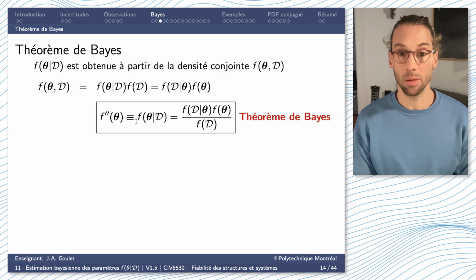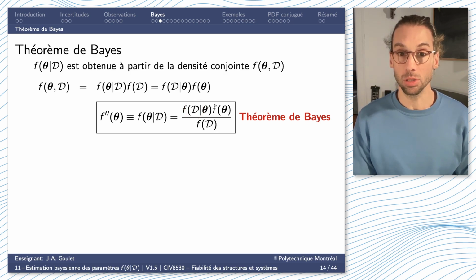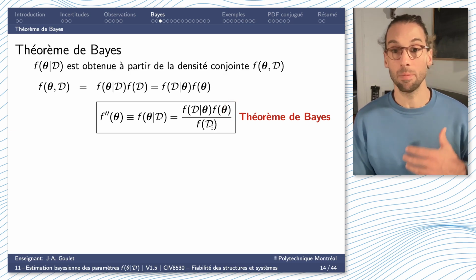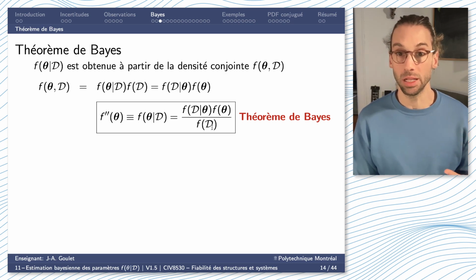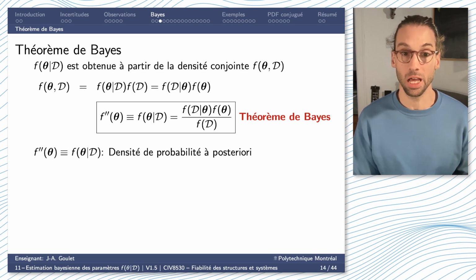So f prime of theta given d, these are equivalent notations. We represent this in true Bayes' rule as the likelihood of observing my data d given the parameters, times the prior knowledge for my parameter theta, divided by my prior probability of observing the data, or my normalization constant, or evidence.